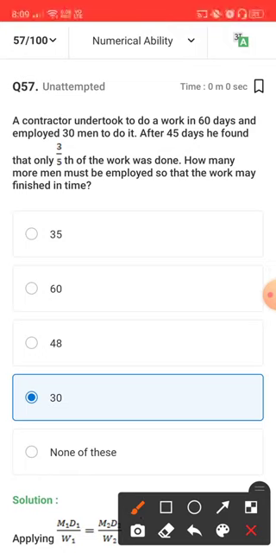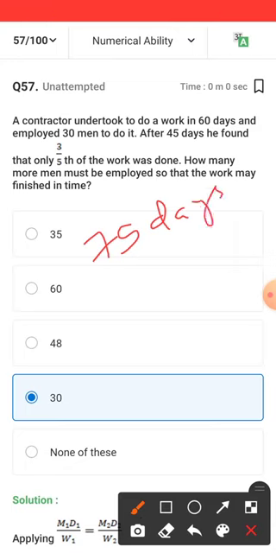After 45 days, only 3/5 of the work was done. How many more men must he employ so that the work may finish in time? When we do this kind of problem, we have a logic, or you will fail. After 45 days, that means almost 3/4 of the days have passed, and only 3/5 of the work is done. So if they continue, they will complete the work in 75 days.